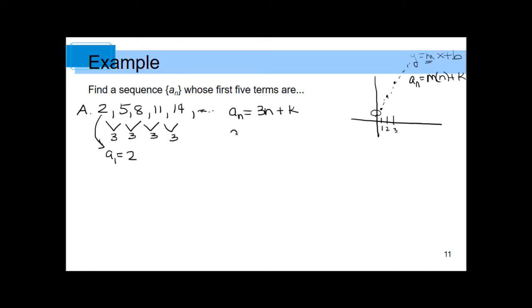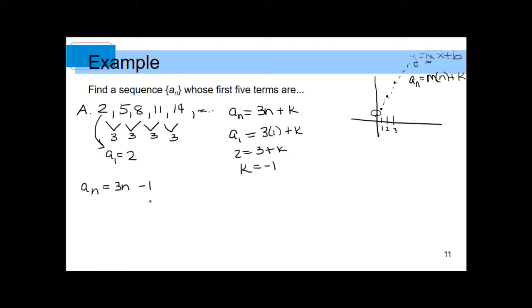If I also know that a sub 1 equals 3 times 1 plus k, then we can figure out what k must be. So we have 2 equals 3 plus k. Subtracting 3, we get k equals negative 1. So I'm suggesting that the nth term of the sequence would always be defined by 3n minus 1.